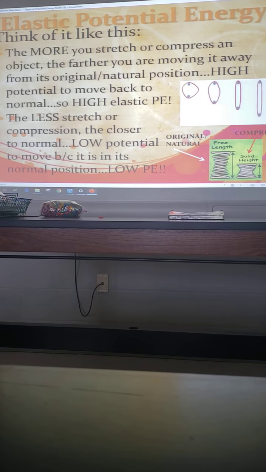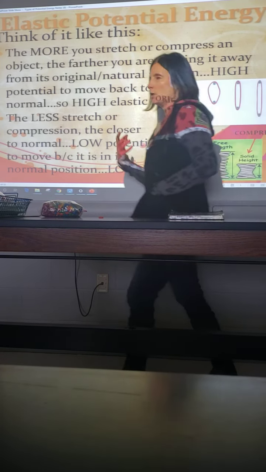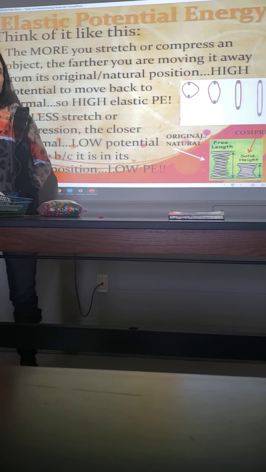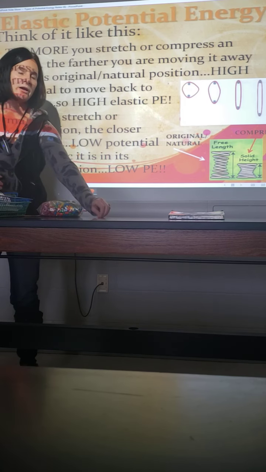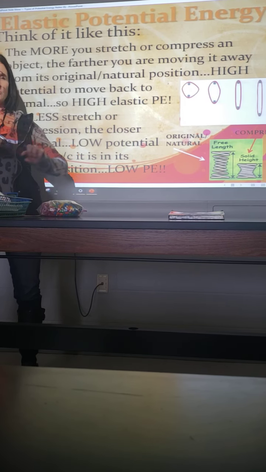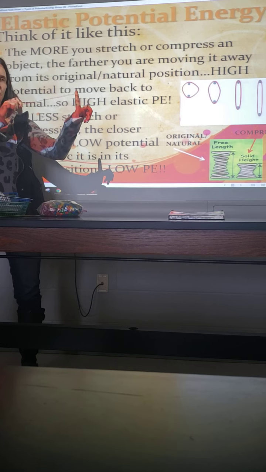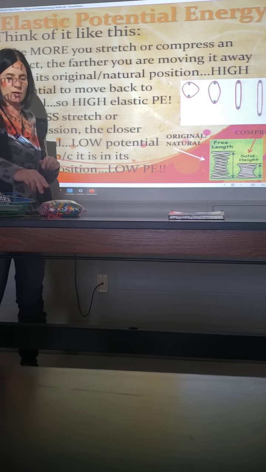This one is the farthest from its original position, so this makes it high potential to move back to this. So just kind of think about it logically. What would it normally be doing? If it's doing it, then it has low potential to change because something would have to make it change. All right? If it has high potential to change, it's because it wants to get back here very quickly.